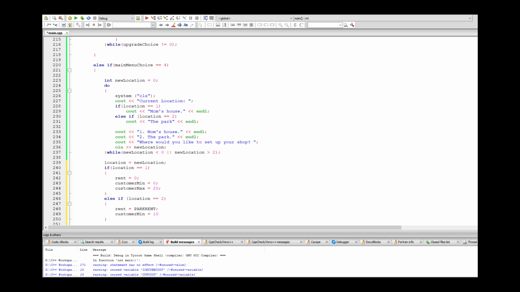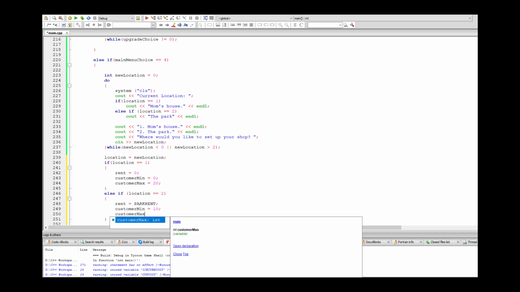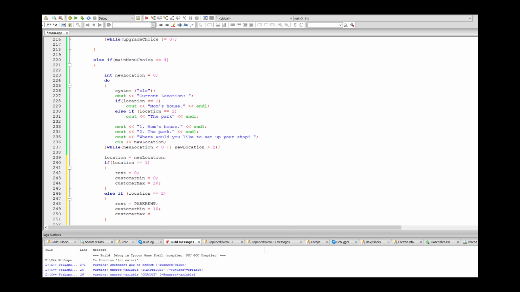So you're going to have more customers by going to the park, and your customer max is equal to, let's say, I don't know, 35. So now you have actually way more potential customers to get by going to the park, right?